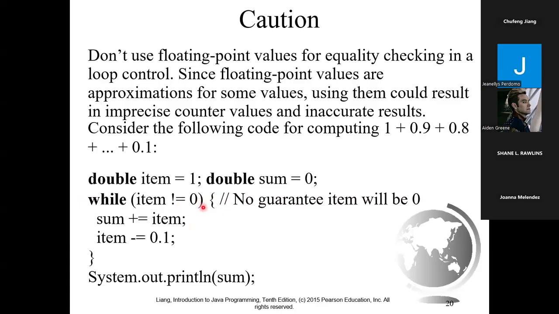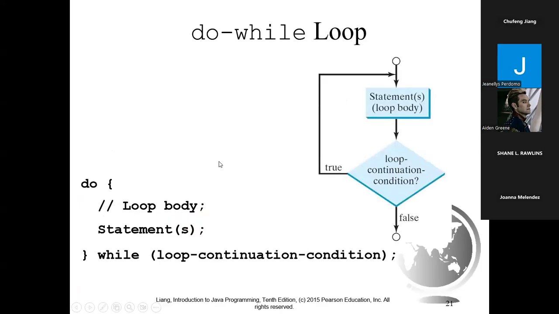Another one is the do-while loop. That means you have to execute the loop body at least one time, and then you go to the while condition, and here you determine whether this Boolean expression is true or false.